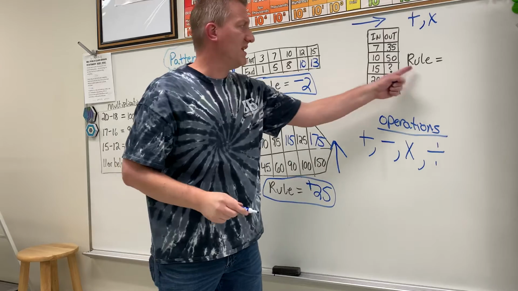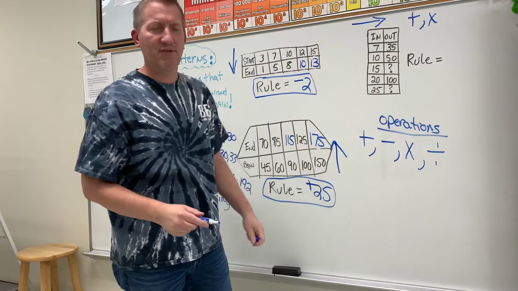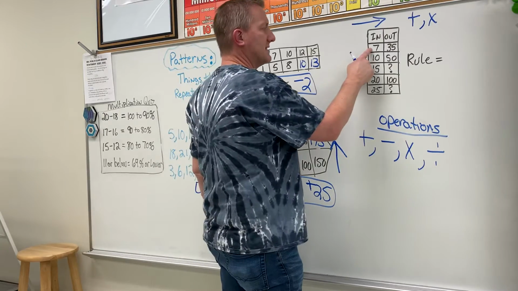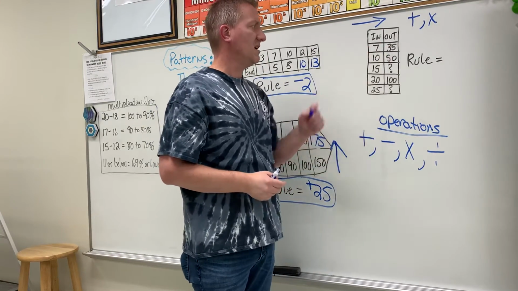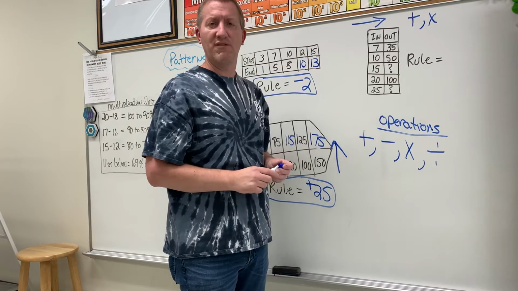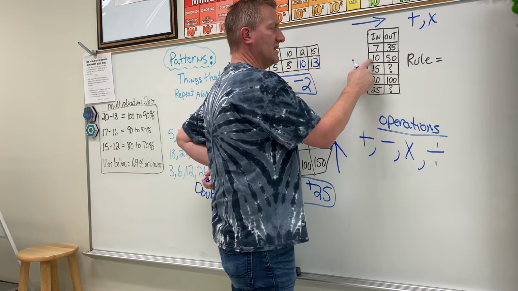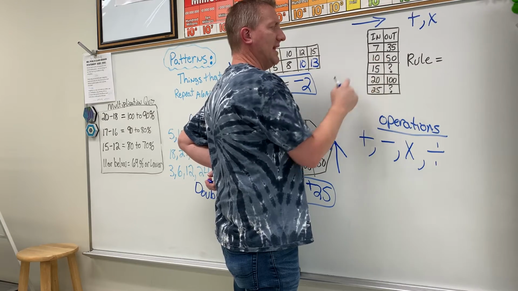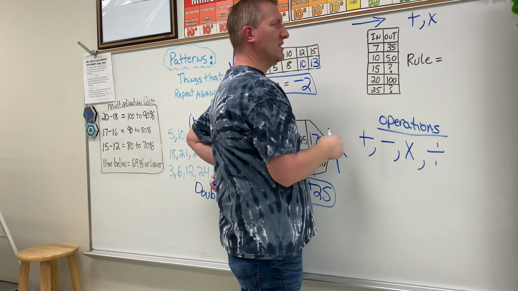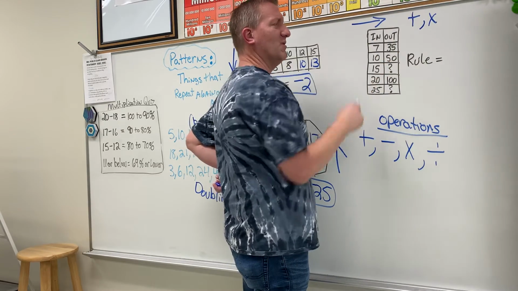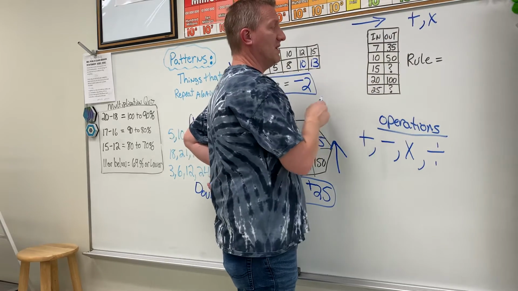Okay, so let's find the rule. Now remember, the rule has to work on every one. So let's see. 7 plus 28 would be 35. So let's see if plus 28 works on this one. 10 plus 28, well, that would be 38. Ooh, that doesn't work on that one, so plus doesn't work. So hopefully multiplication works.